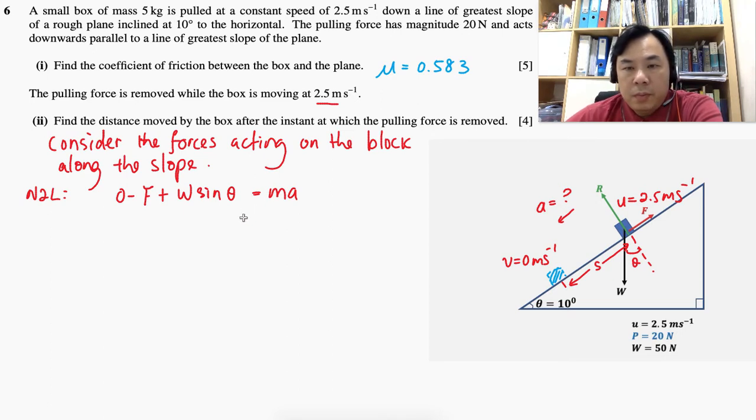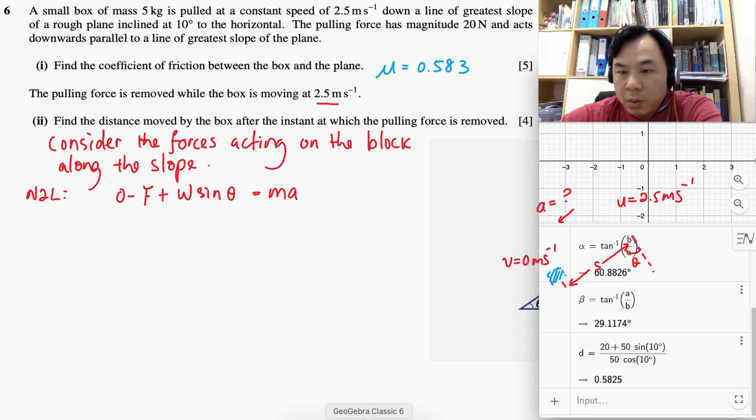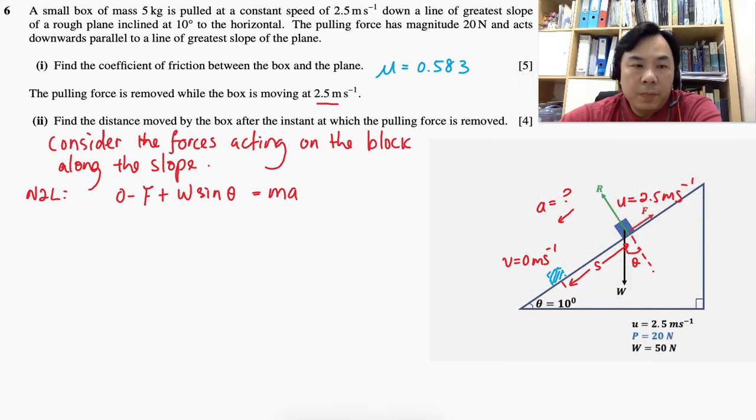Now, we knew about the coefficient of friction. The coefficient of friction is 0.583 here. Let me roughly check whether it's 0.583 or not in case I copied wrongly. Yeah, correct, so the coefficient of friction is 0.583.